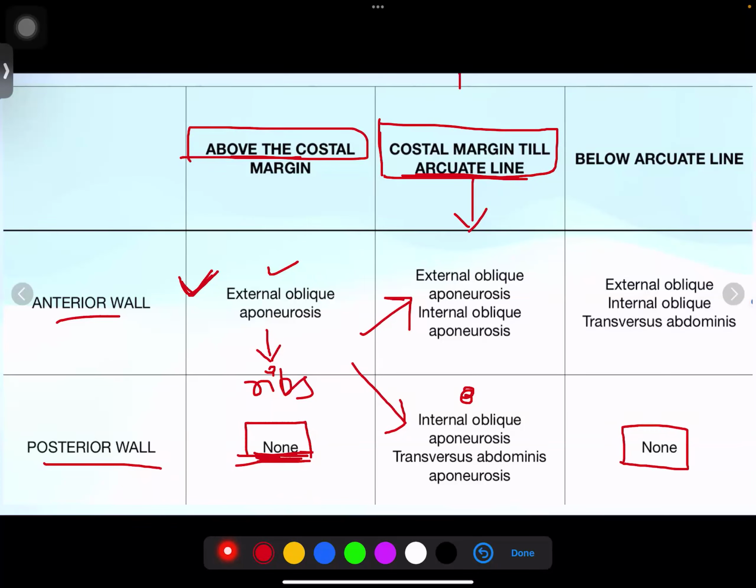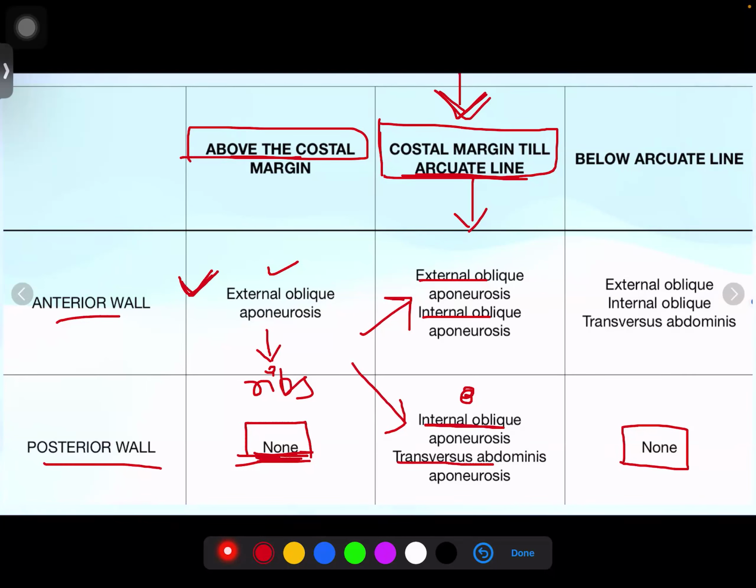Here the anterior wall is formed by the external oblique and internal oblique aponeurosis, and the posterior wall is formed by the transverse abdominis and internal oblique muscles.